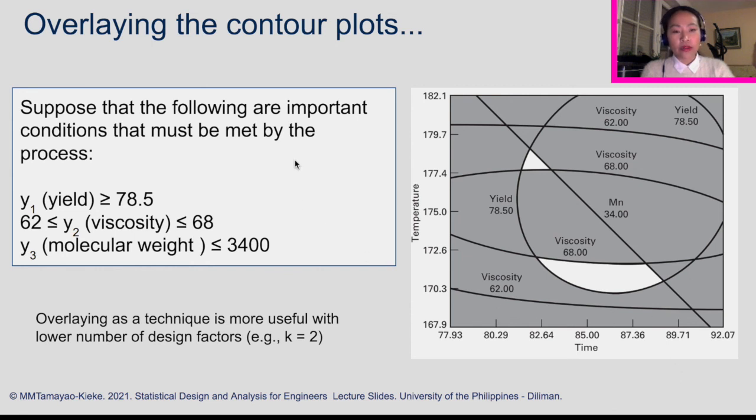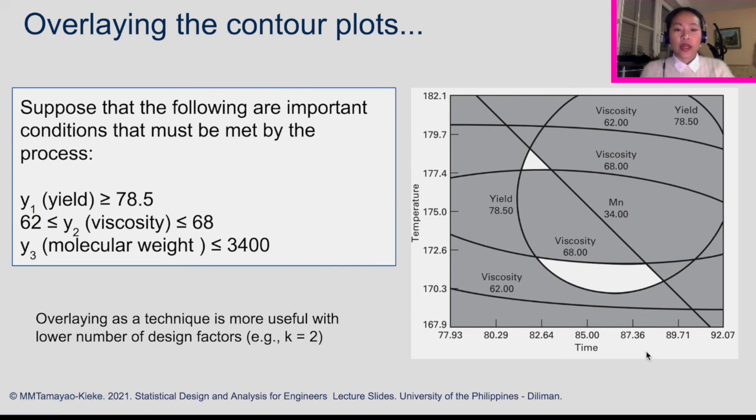You can go back to the slides where you have each of the contour plots for yield, viscosity, and molecular weight, and determine which ones on this graph correspond to each of those responses, and why these two regions are the regions of optimum. With this, the engineer can choose the operating conditions within these regions in order to satisfy these important conditions.